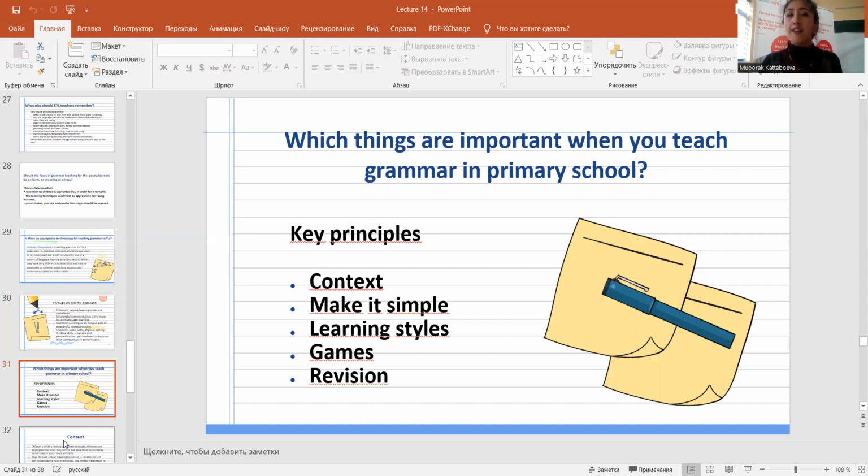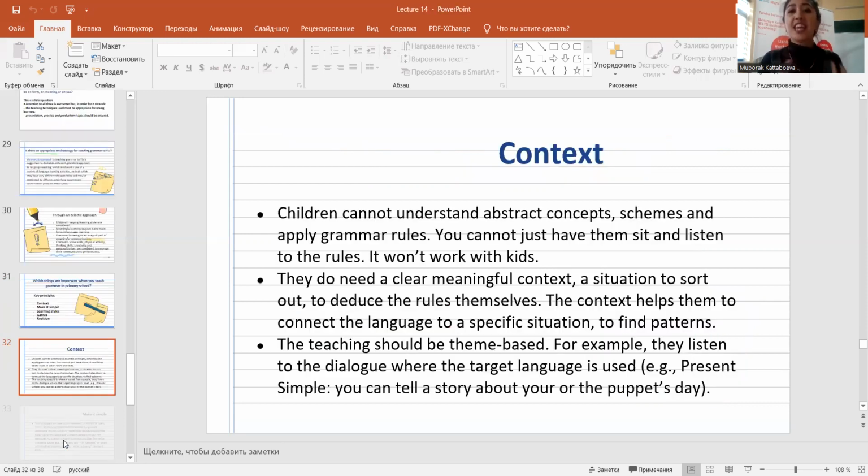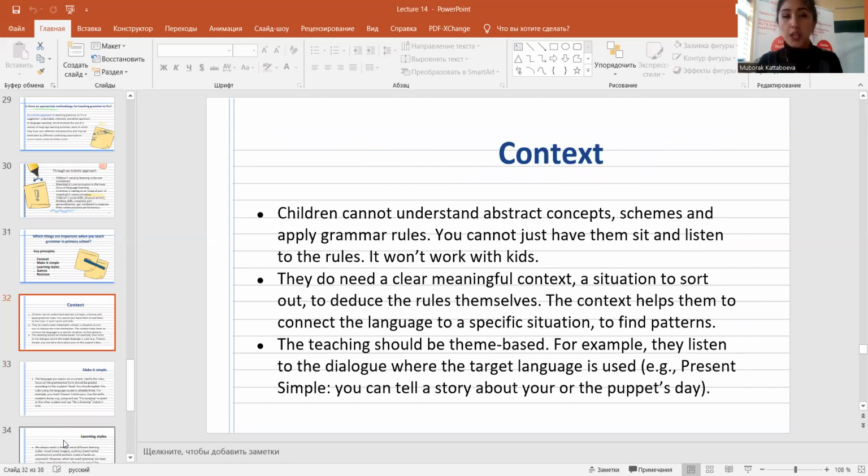Children tend to forget everything very easily and very quickly, so you need constant revision, especially with the help of games, so that your students can remember these rules and grammar patterns.